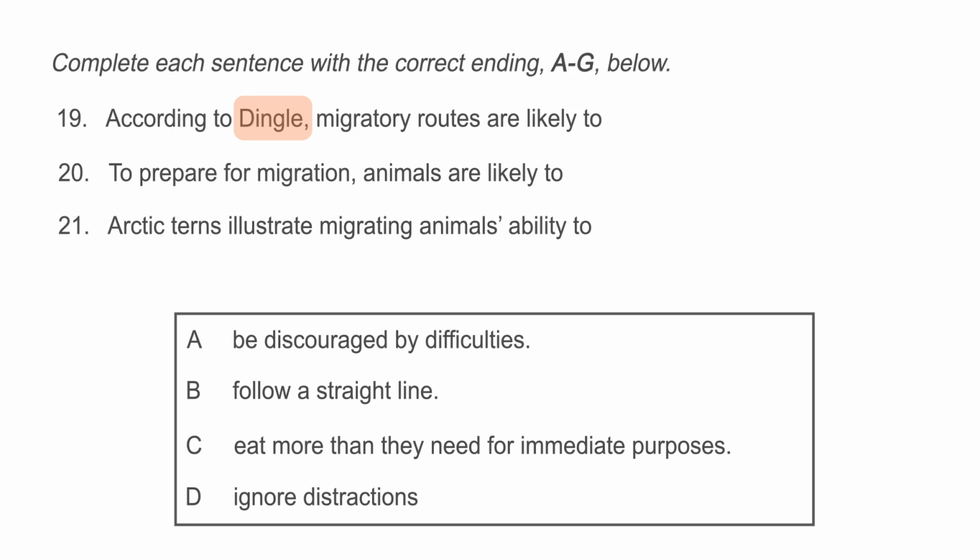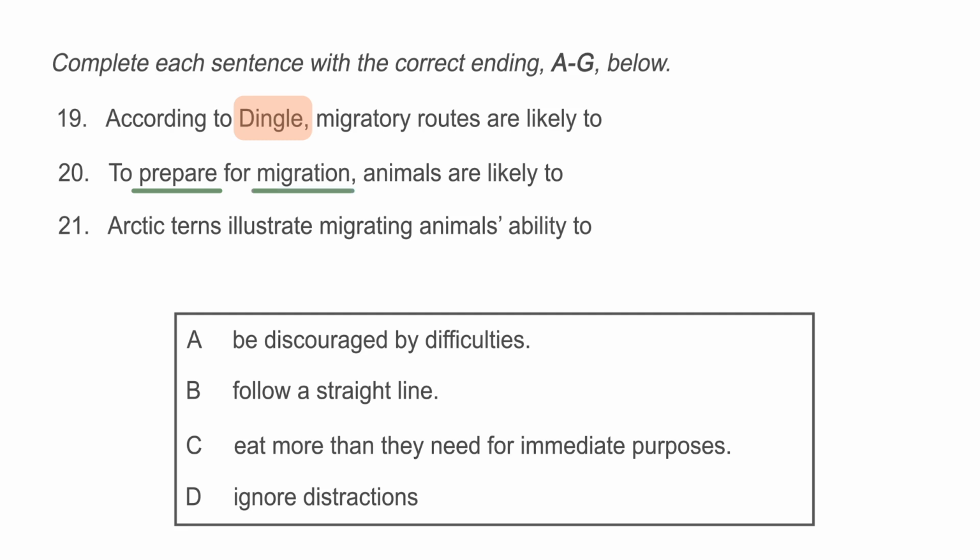Now let's check question number 20. To prepare for migration, animals are likely to. We do not have a very specific and easy keyword here in this question. The only words that maybe can help us are the verb prepare and also migration.